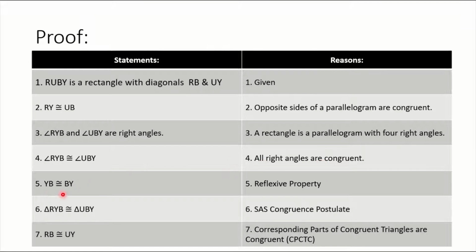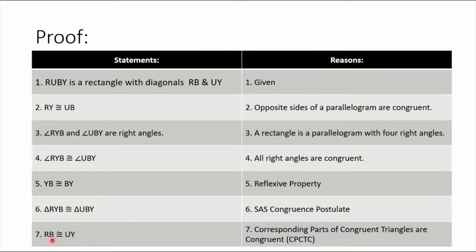So YB is congruent to BY. That is by reflexive property, just like what we had a while ago, nung 90 is equal to 90. So triangle RYB is congruent to triangle UBY by SAS congruence postulate. What do we mean by SAS? Side, angle, side congruence postulate.